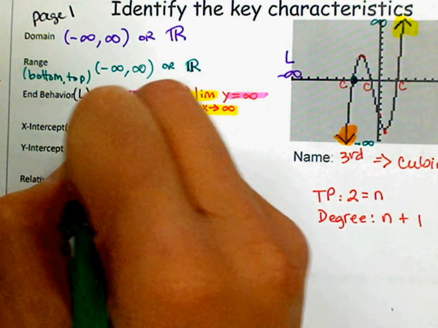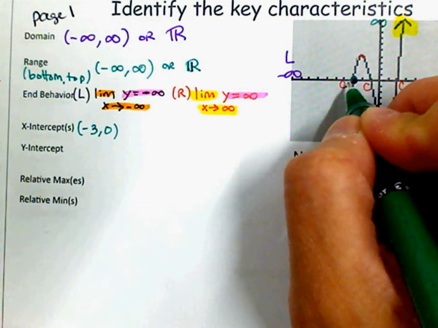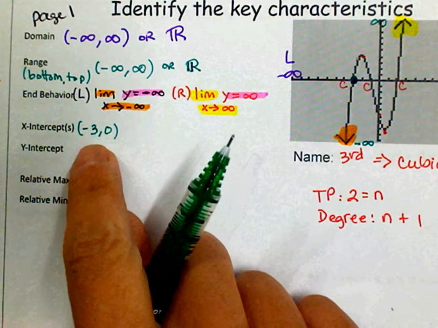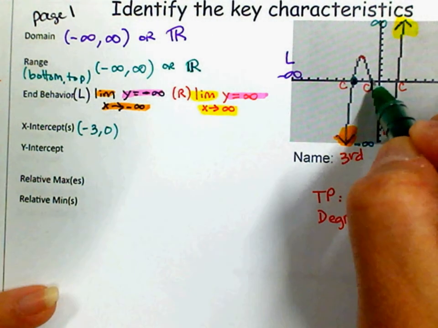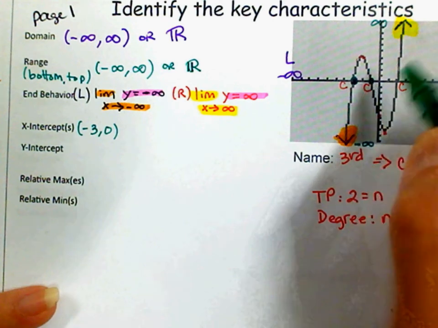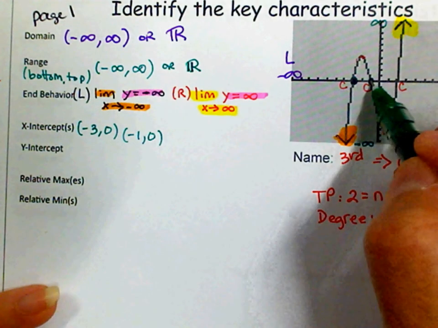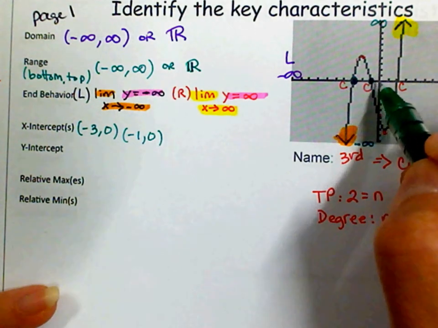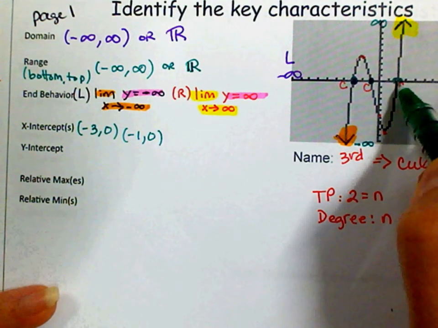All right, what is this point right here that's crossing the x-axis? -1, -2, -3, 0. Did you guys see that? Okay? It is a point. You need to write it like that. You need to write it as a point, x and y. X-intercept, what is that one right there? -1, 0. Okay?